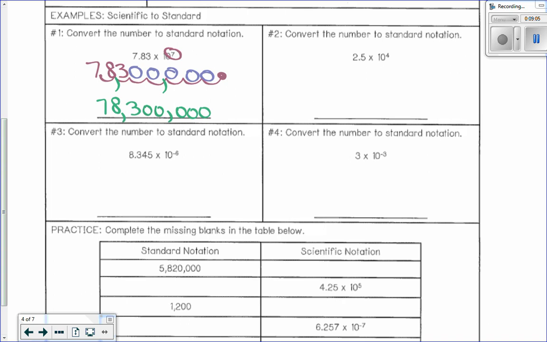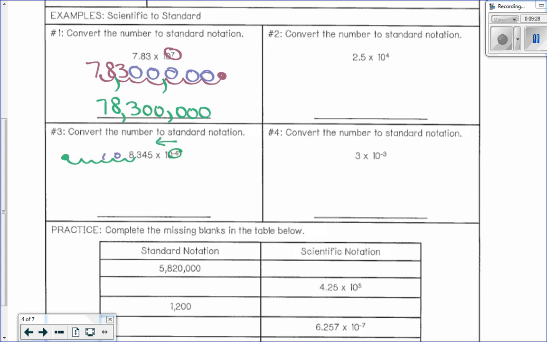Let's look at number 3. What does our exponent tell us? Go to the left 6 times. 1, 2, 3, 4, 5, 6.